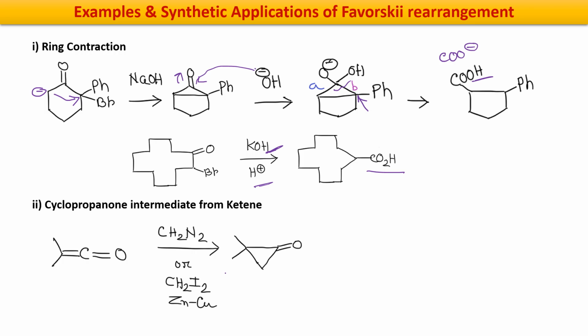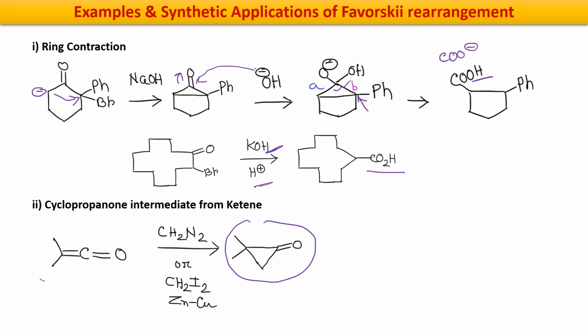Cyclopropanone intermediate from ketene. So here the cyclopropanone that you are seeing, we have not generated from any halogen substituted ketone. We have generated it from some ketene. Why is this type of example important for us to understand? Because sometimes in the exam the Favorskii substrate, which is mostly the substrate we see in books, may not be given directly.